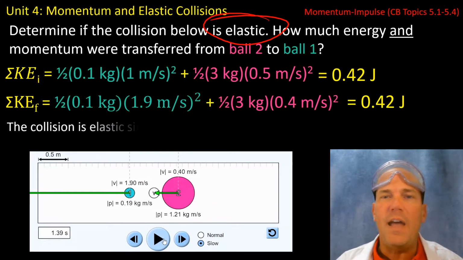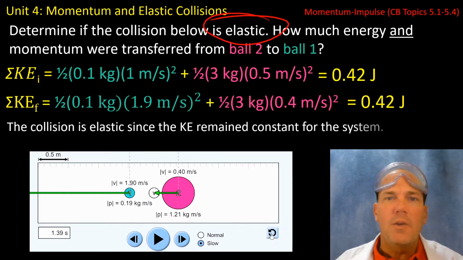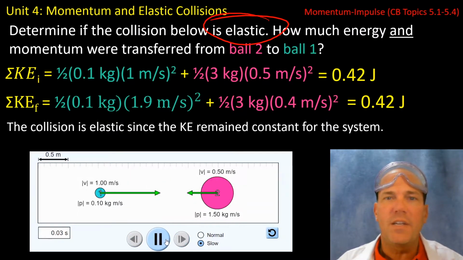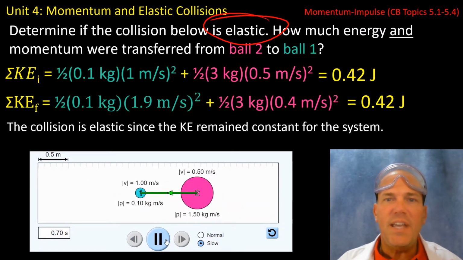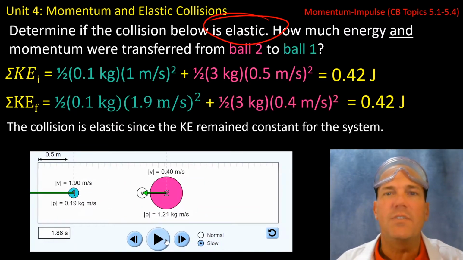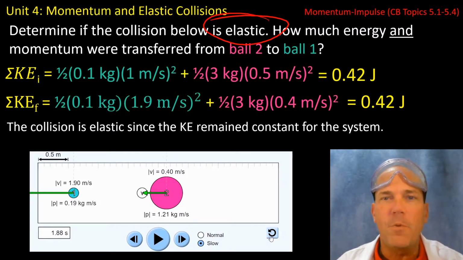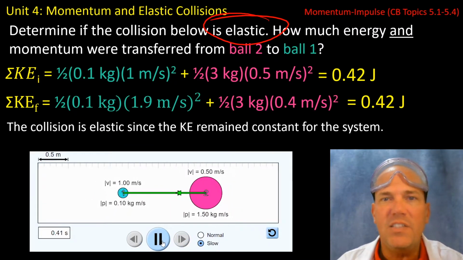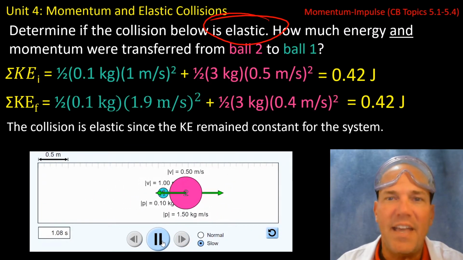Because these two values are the same both before and after the collision, it can be stated that kinetic energy is conserved. Kinetic energy is remaining constant, and therefore we can classify this collision as elastic.